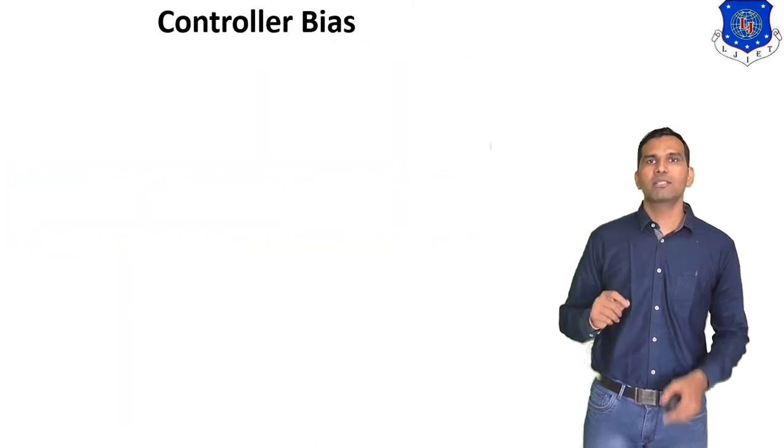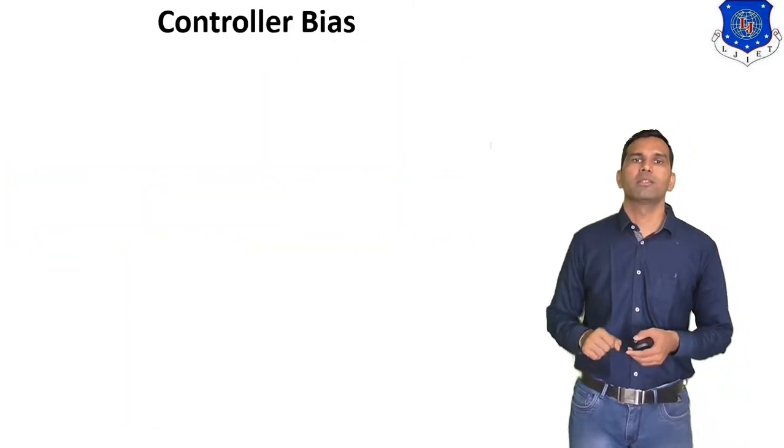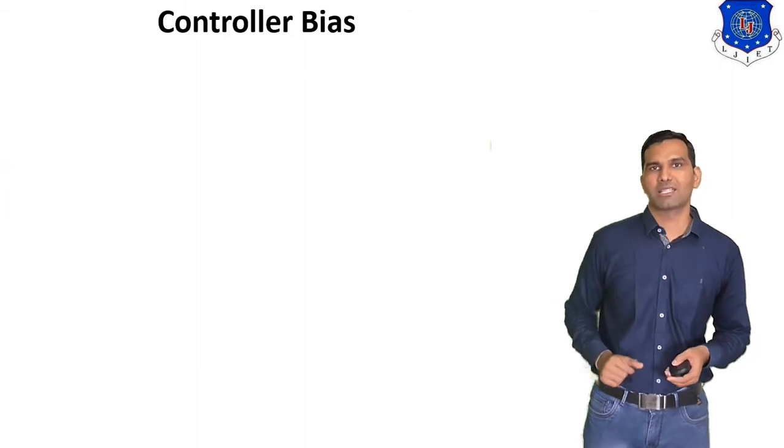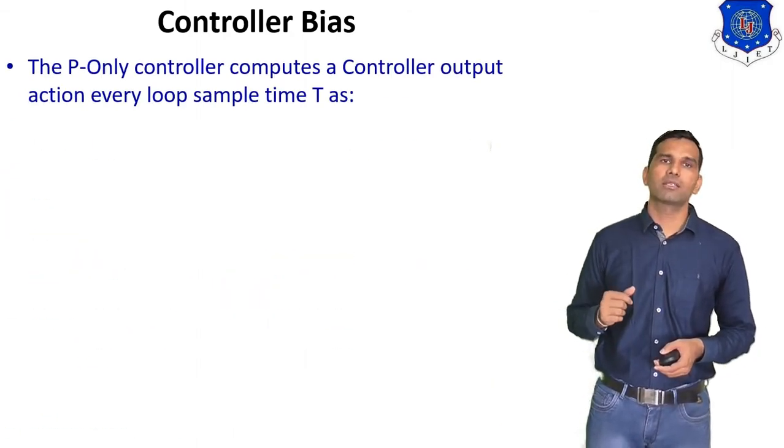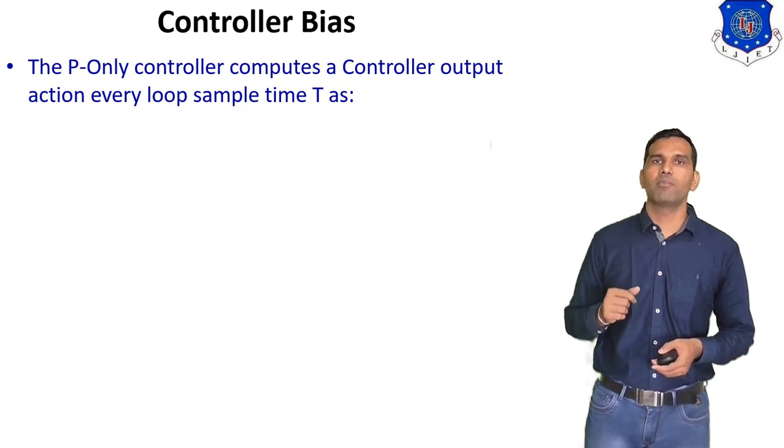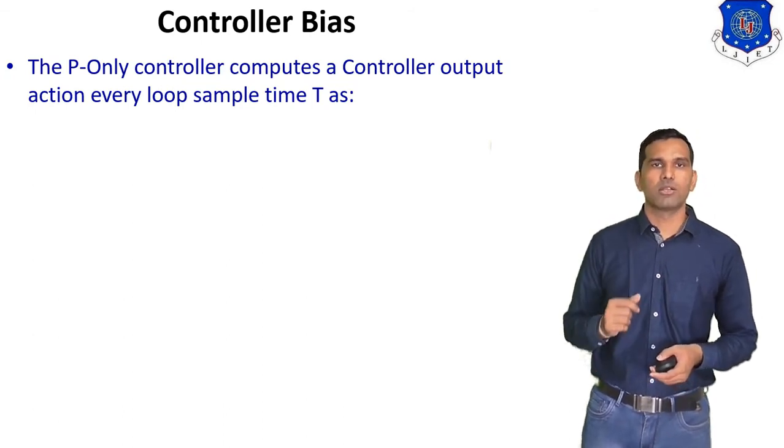Now we discuss the second topic. This is the controller bias. To understand the controller bias, we take the example of the proportional controller.